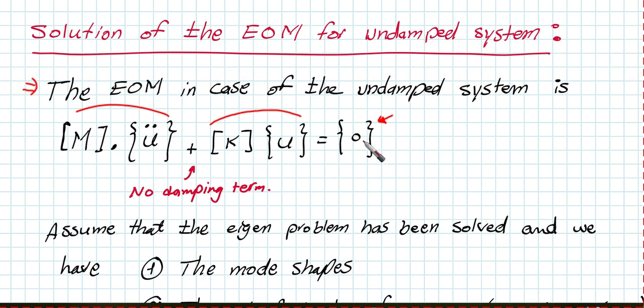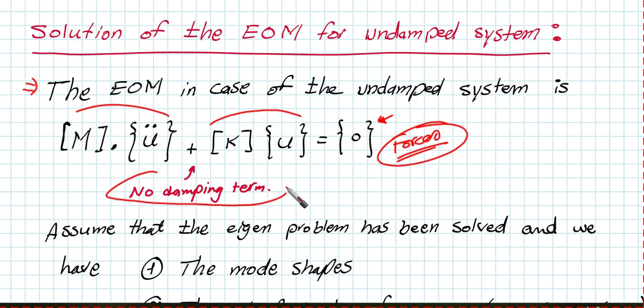This zero vector means that we do not have any forced vibration. There are no forces being applied on the system. It is undamped, a system without any forcing functions. At the same time we do not see the damping term that we usually find in the equation of motion, right?